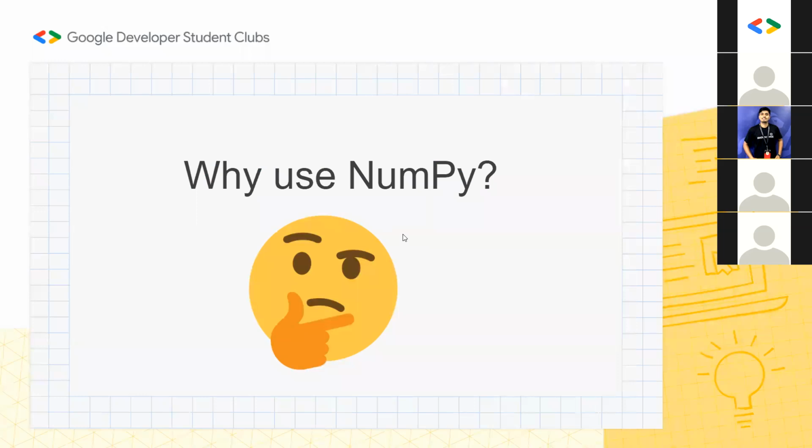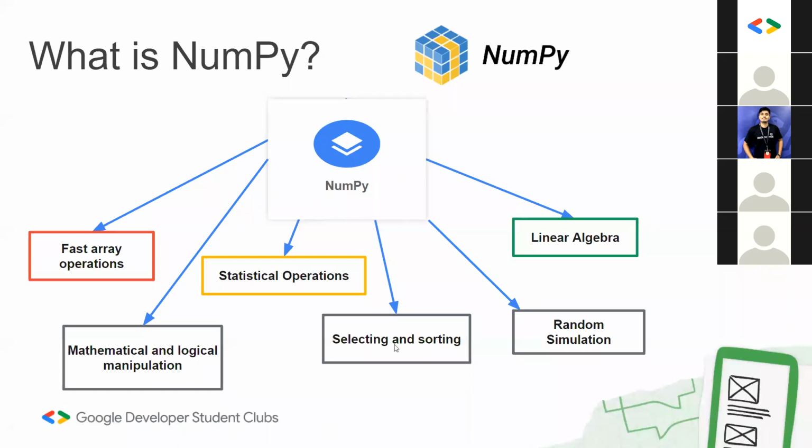Now, most of you might have this question in mind: why do we need to use NumPy? I mean, most of these features or functionalities can be done using just traditional Python code. But why do we need to use an external library like NumPy? So I'll try to answer that. The reason is Python lists can serve the same purpose, but the fact is that they are slow to process.